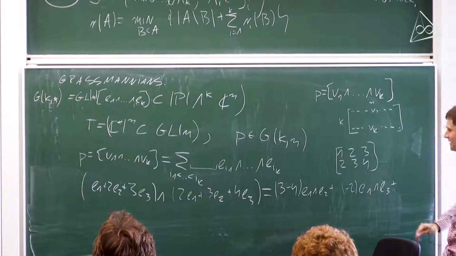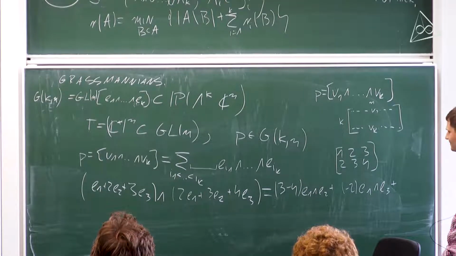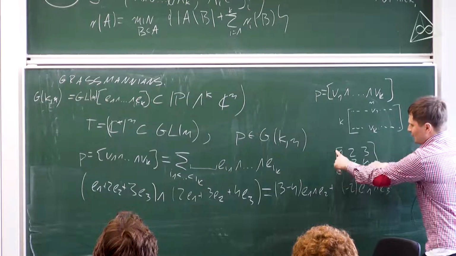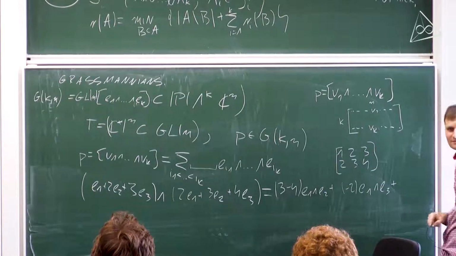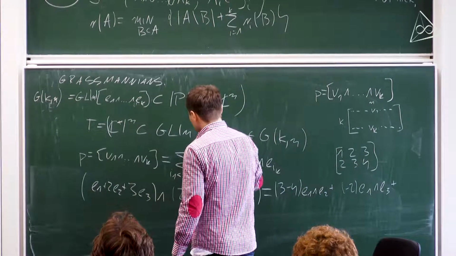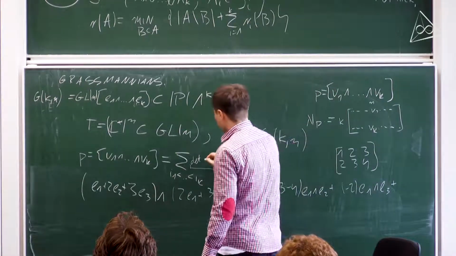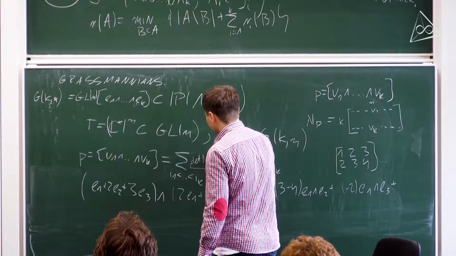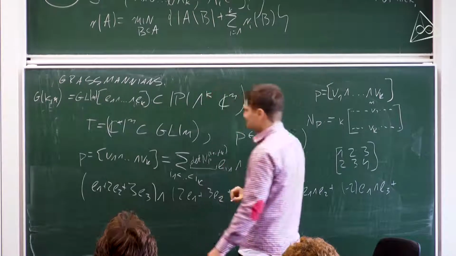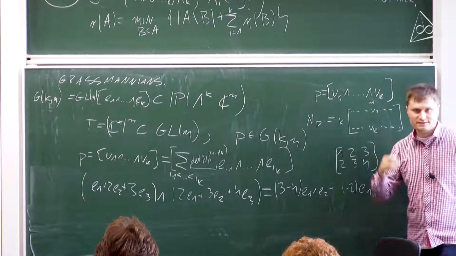How to read it fast from a matrix? 4 minus 6. 3 minus 4. It's a minor. It's the determinant of, if we call this matrix M_P, we have to take M_P and restrict the columns to i_1 up to i_k. And formally, we should take a class, because we work in a projective space.